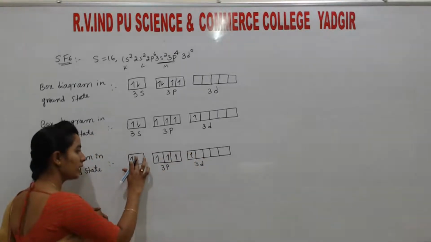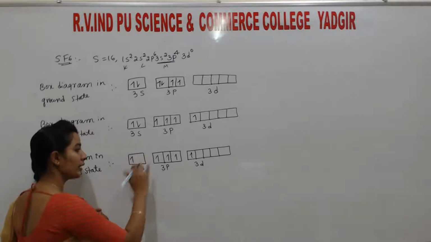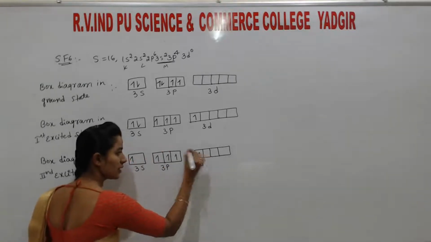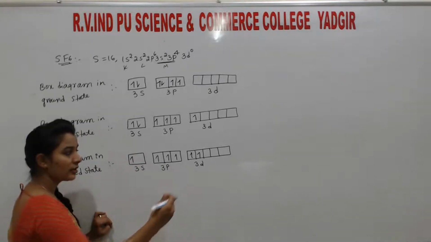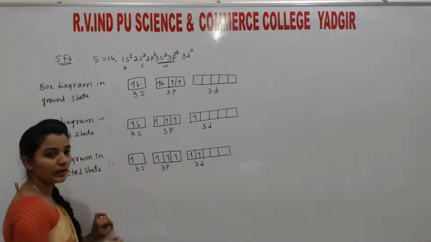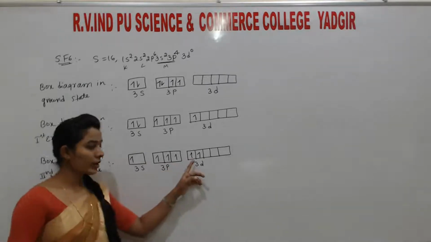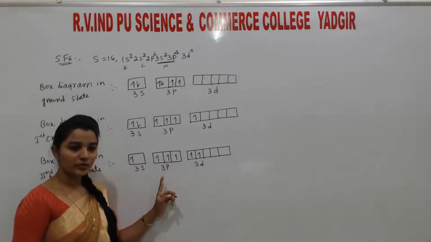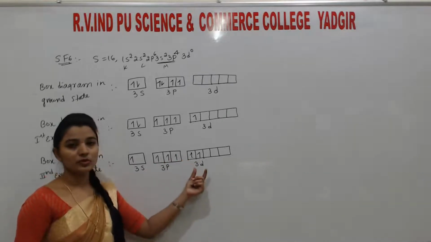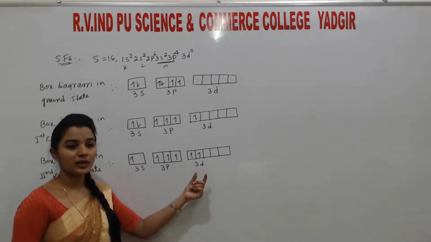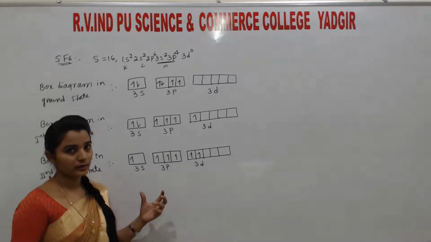So now the electron of the s directly jumps to d, because, as I told you, when electrons get excited they occupy empty orbitals. Here one orbital of d is already occupied by the electron of p, so the s electron also jumps to d orbital because d has vacant orbitals.